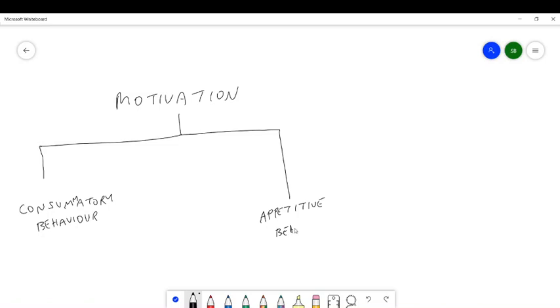So what are these things? Well, the best way to describe it is in terms of somebody looking for a meal. So you're hungry and you want something to eat. So motivation would be the drive to eat. But that has two parts.